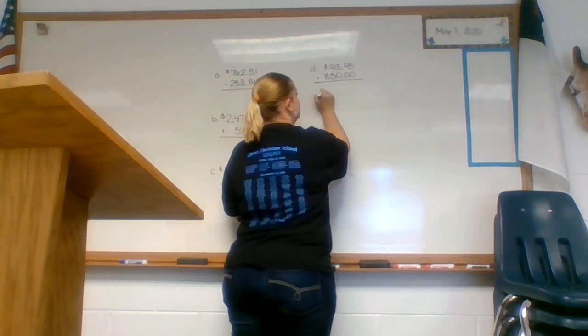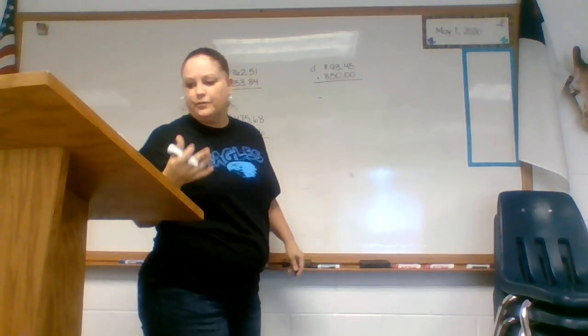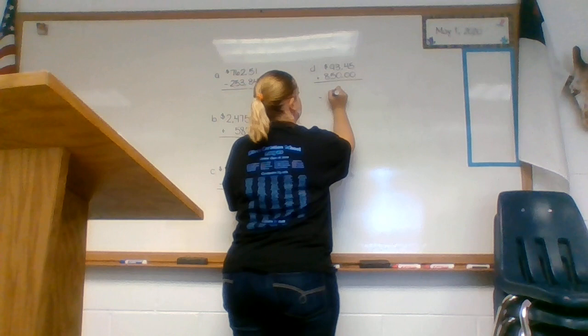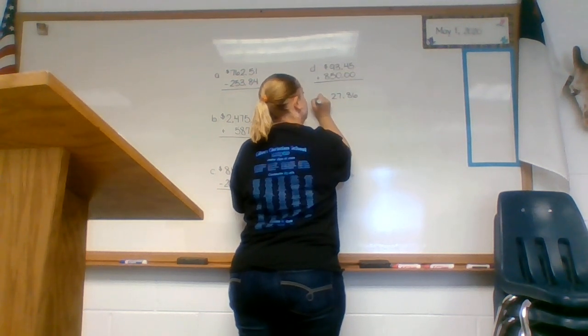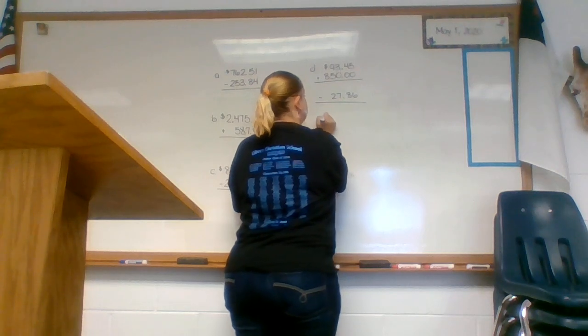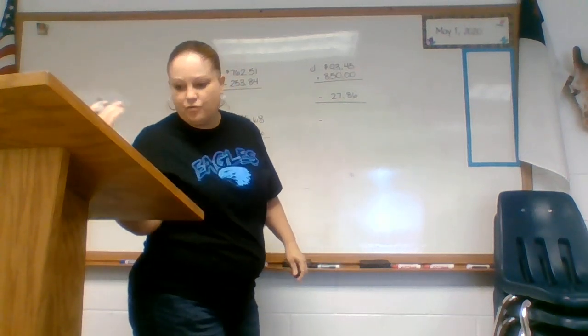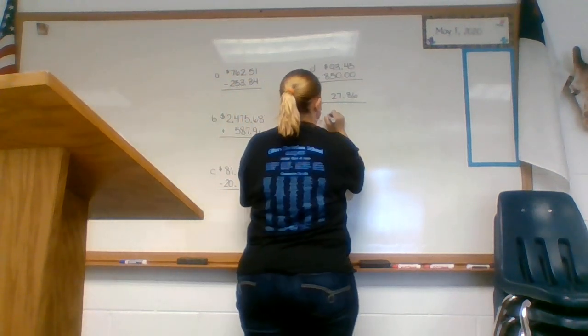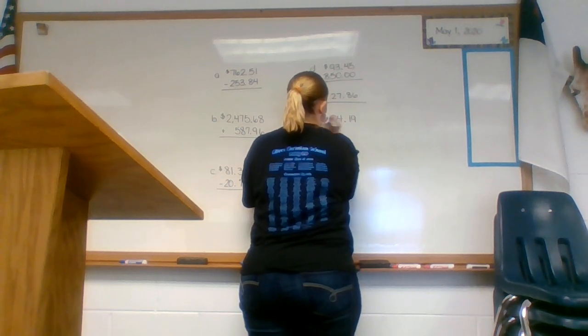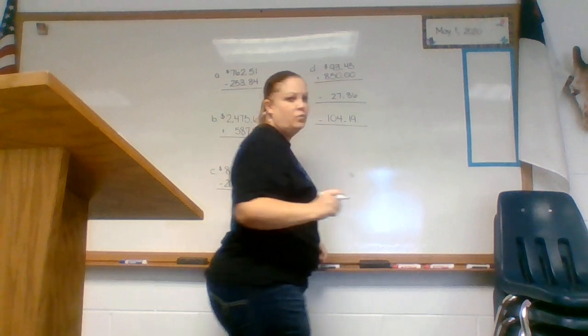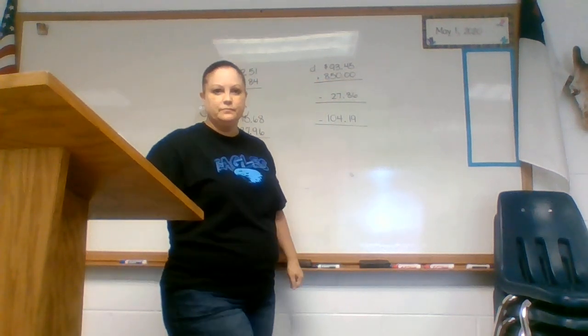All right, then he wrote checks. Well, once you get that answer, then you're going to subtract the first check, $27.86. Get that answer, and then from there, you'll subtract your $104.19. What's another way we could have done it?